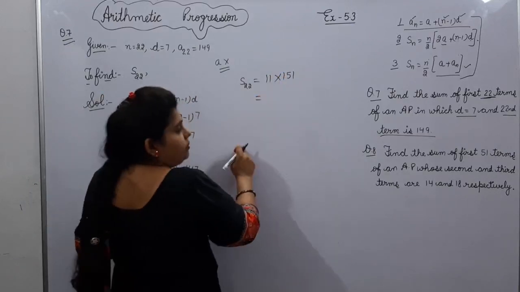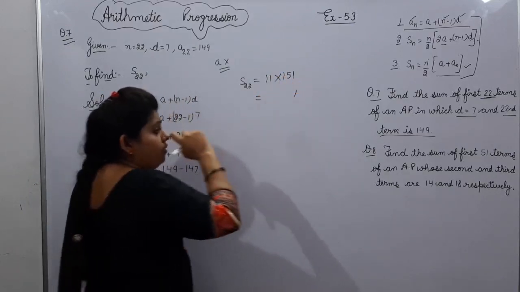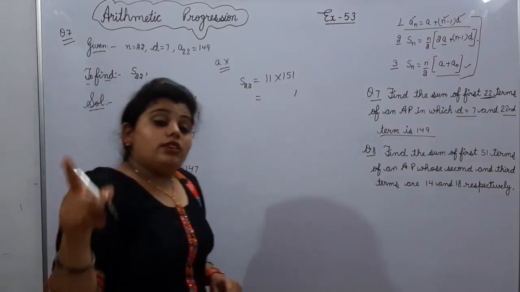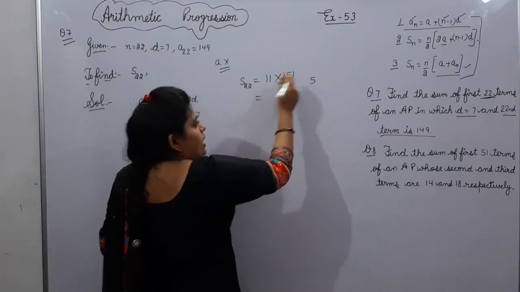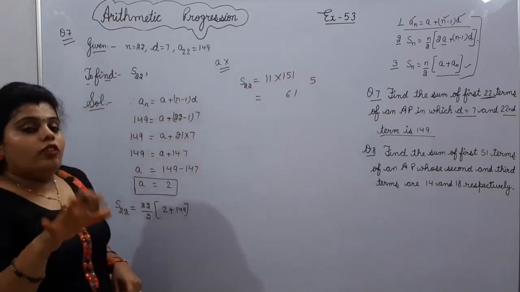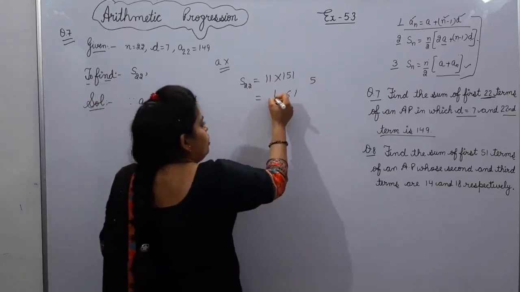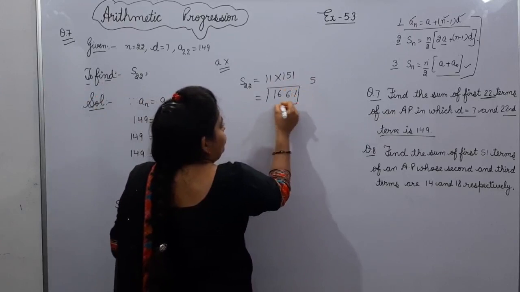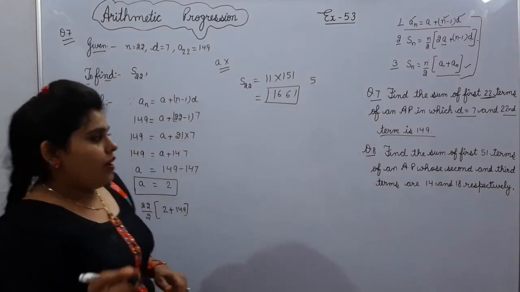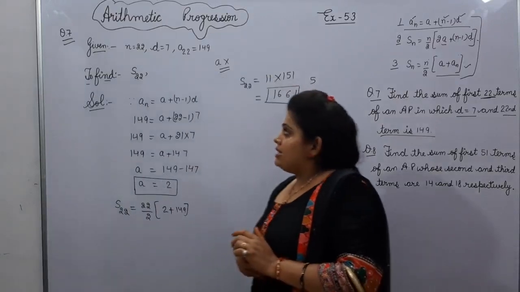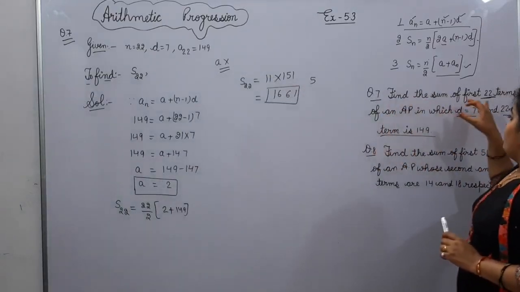Now do the multiplication. 11 ones are 11, 1 carry. 11 fives are 55, 55 plus 1, 56, 5 carry. 11 ones are 11, 11 plus 5, 16. So the sum of 22 terms is 1661.